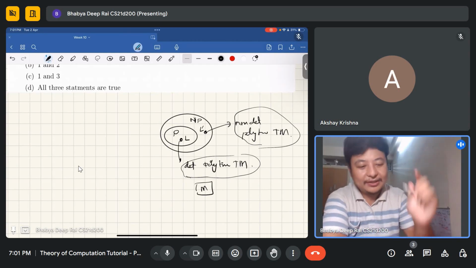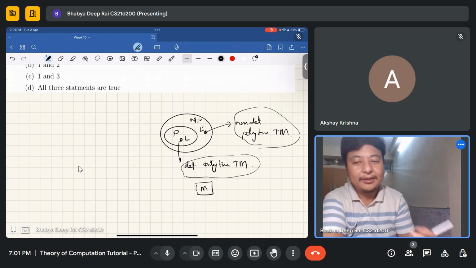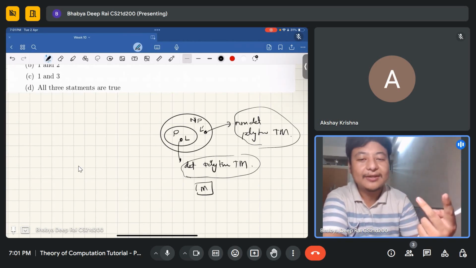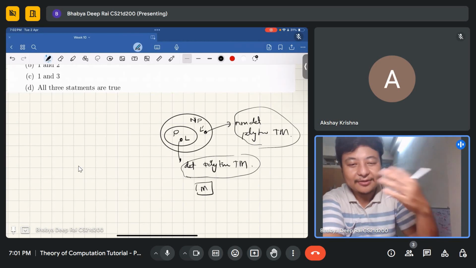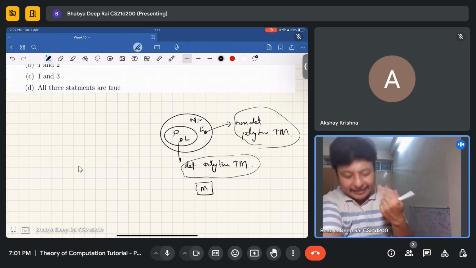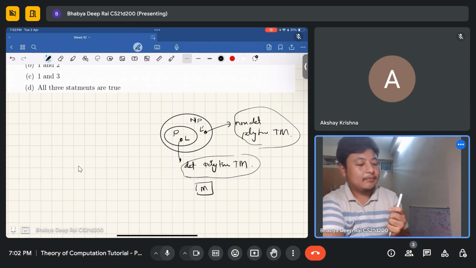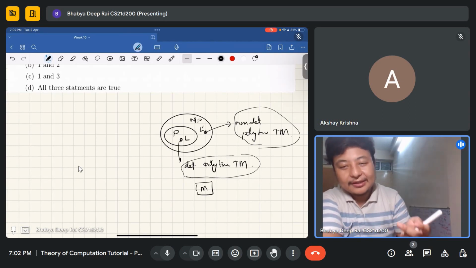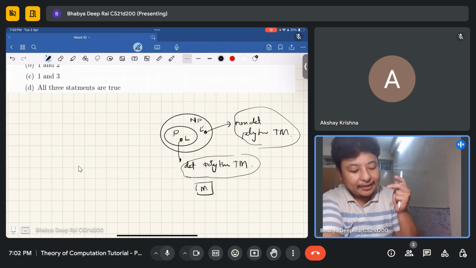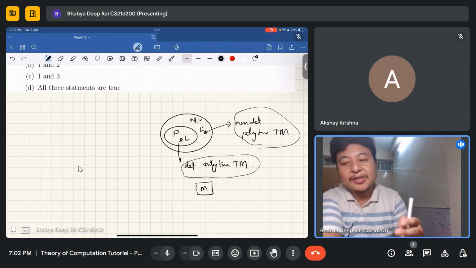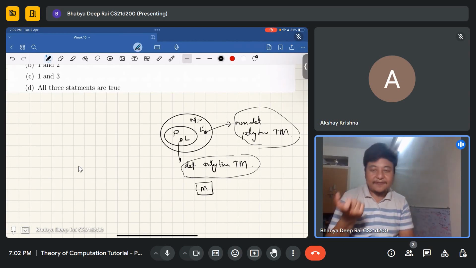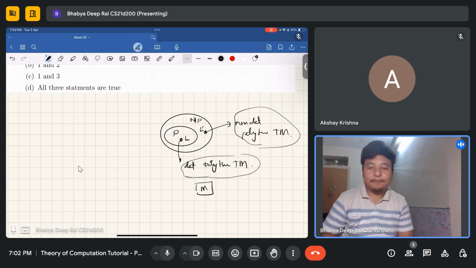The second way to answer this question is by the second definition of NP. Remember, NP has two standard definitions. One is that it has a non-deterministic polynomial time Turing machine. The second definition is that it can be verified in polynomial time. There is a small size certificate which can be verified in polynomial time.